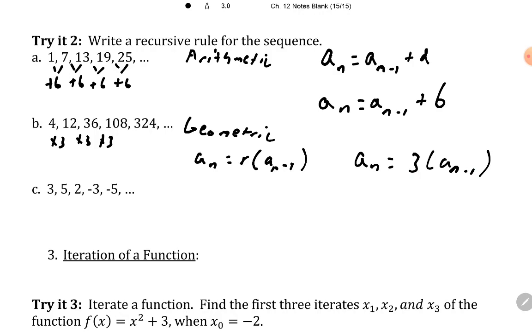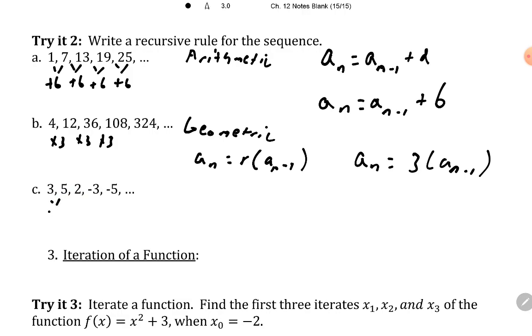Part C. 3 to 5 is plus 2, then minus 3. That's not it. a sub 1 is 3.